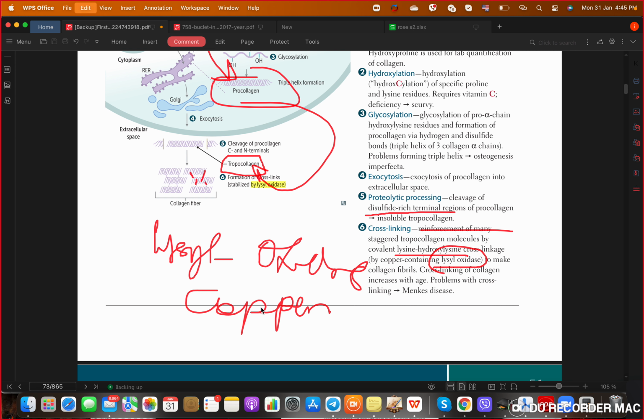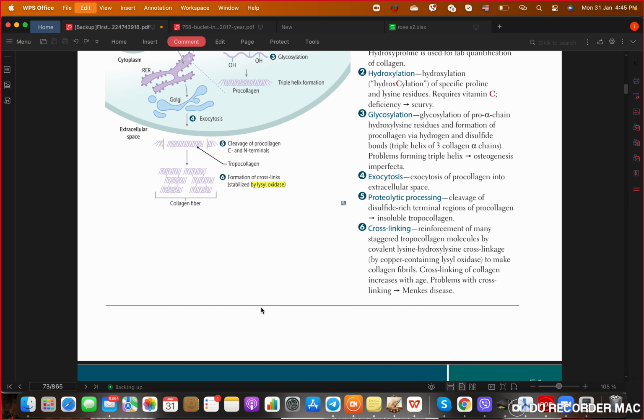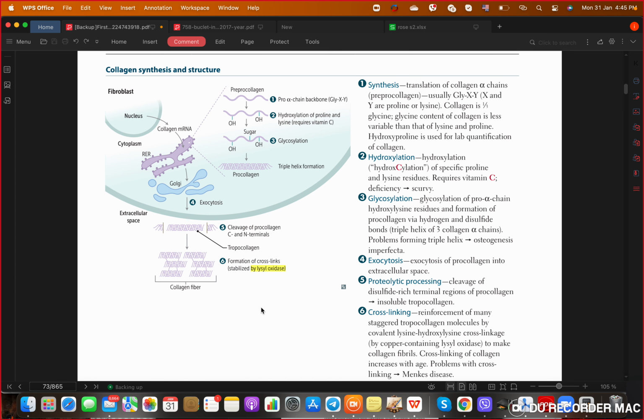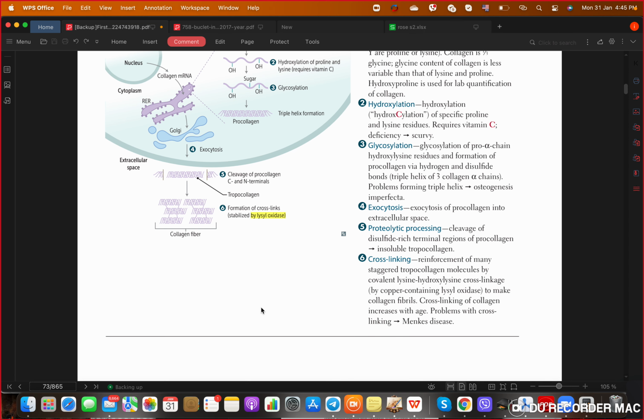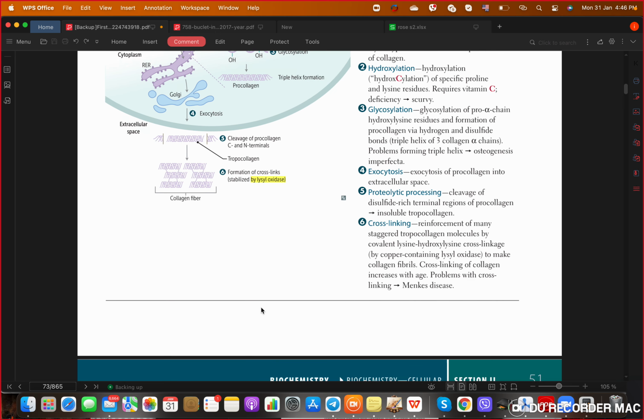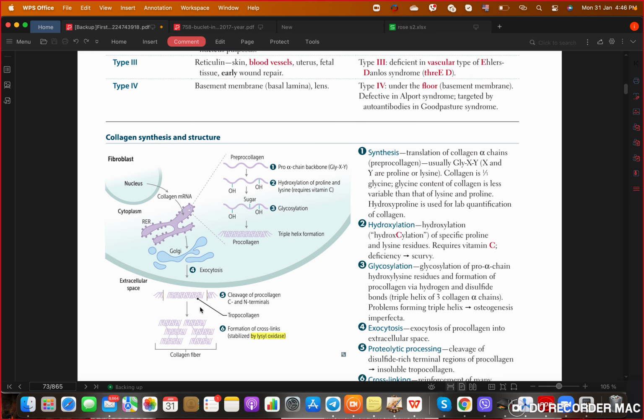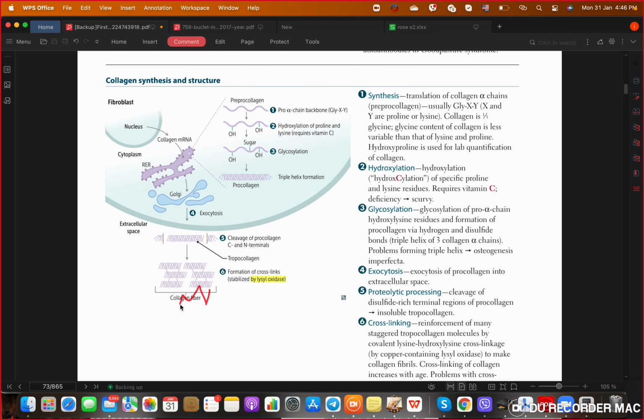So if I cross-link more collagen, I'm going to start developing wrinkles, correct? Yep, that's why people get wrinkles, because of the cross-linking. What about too much cross-linking, Doc, or too little? Too much. Yep. So you are not making more collagen. You are cross-linking it much more often.